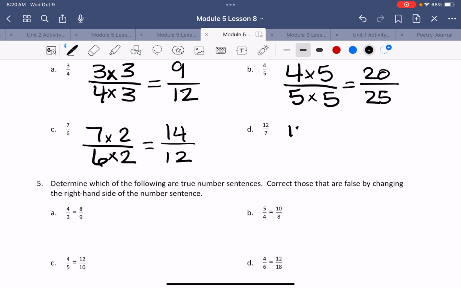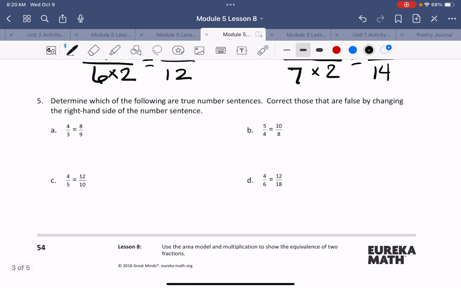All right, our last one, 12/7ths. If I multiply the top and the bottom by the same number, let's do 2 again, I get an equivalent fraction, 24/14ths.